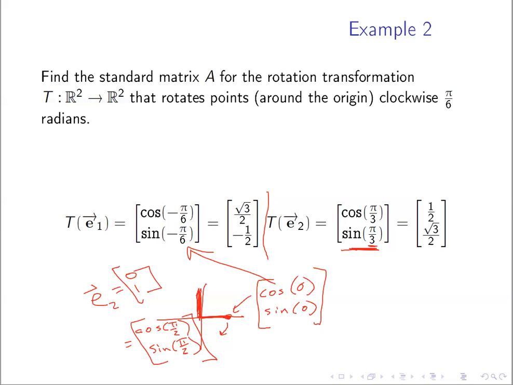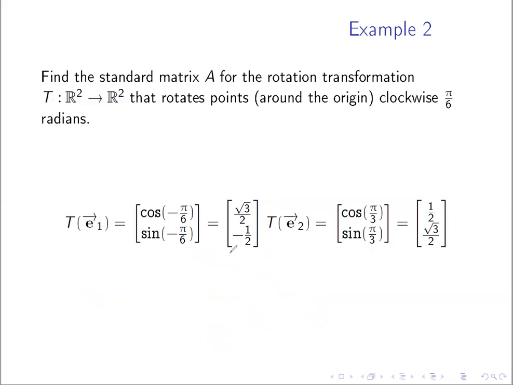We compute this and boom, we got this. So these two vectors right here and right here form our new matrix A by just plugging them in. Now if we multiply it by any vector in R2, it rotates exactly pi over 6 radians. That matrix right there is super powerful in that regard.